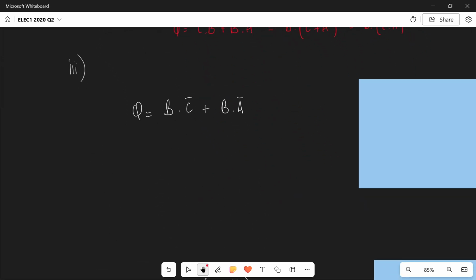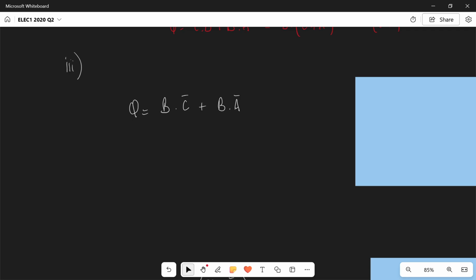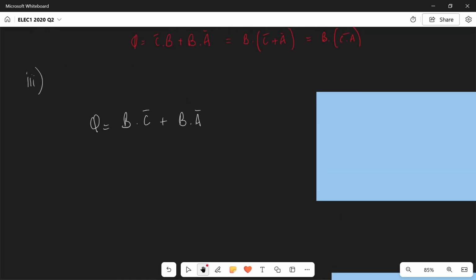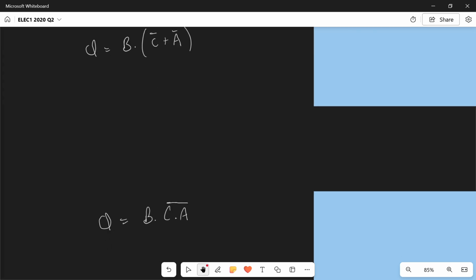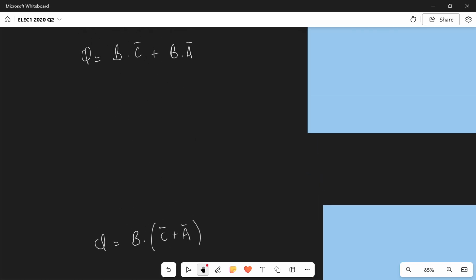Okay, part 3. Design a logic system to generate the same logic function as the multiplexer. Well, you can go all the way back and do this, or you could, if you wanted to, try and draw the individual expressions.